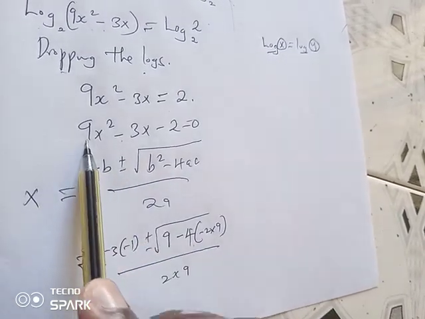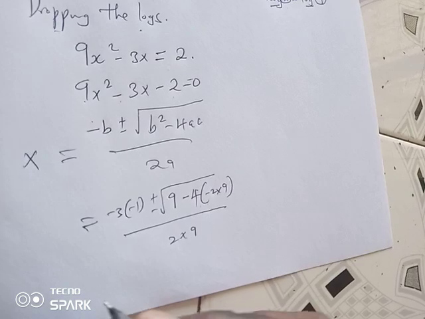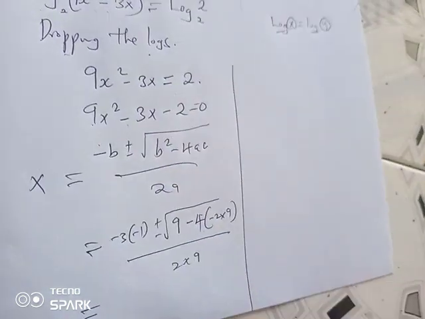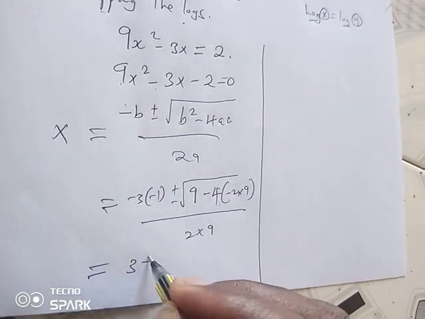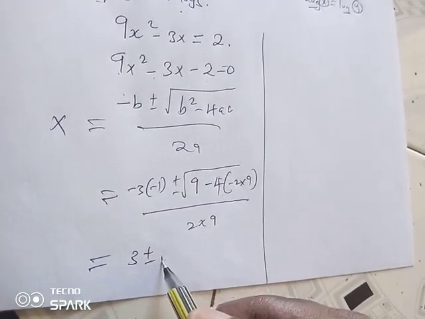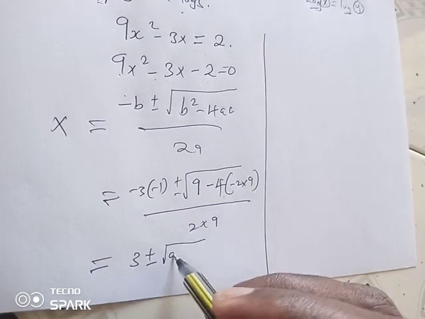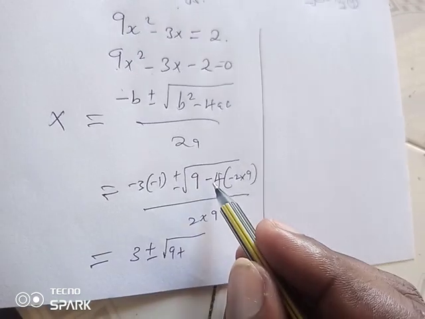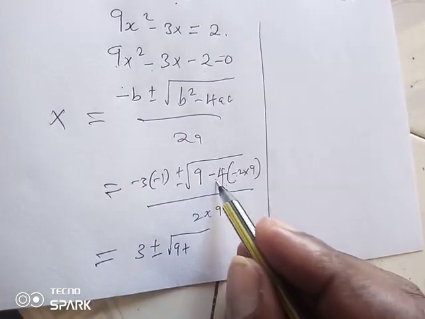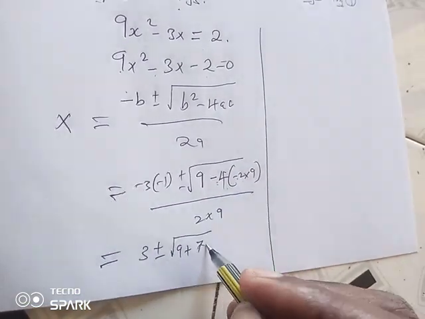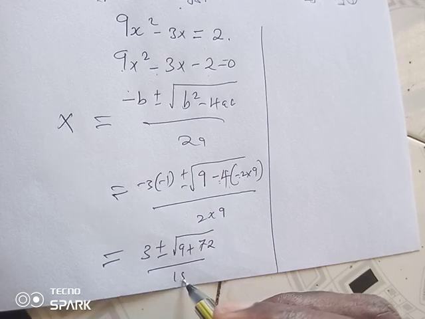A is 9 and c is negative 2. Having that, we shall be having 3 plus or minus the square root of 9 plus, because when you open the bracket, minus minus gives a plus, 72, all over 18.